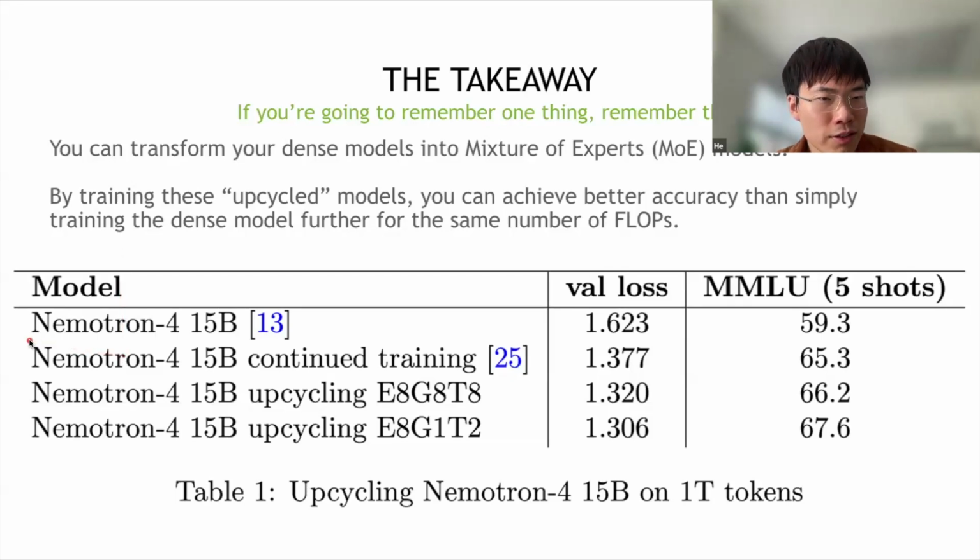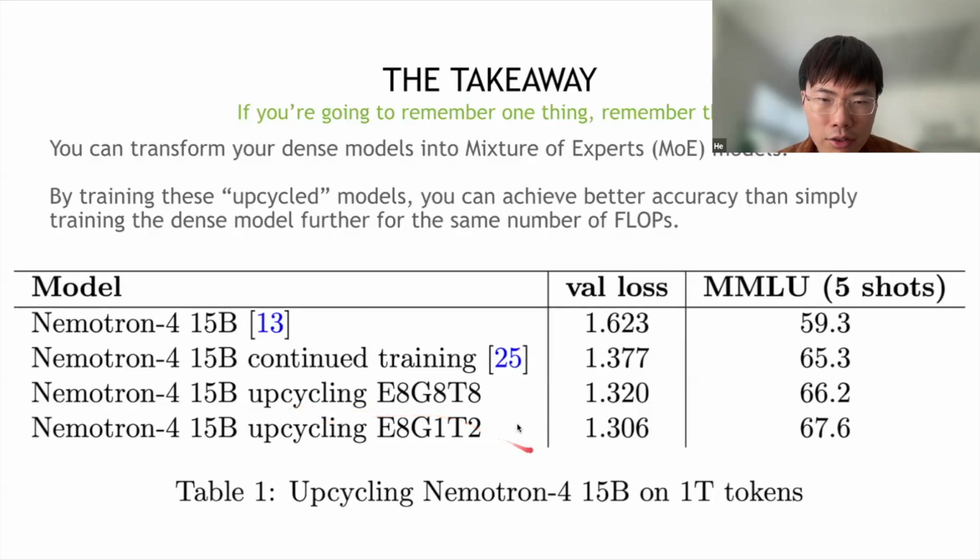Here is a simple table that shows the results first. Nemotron 415B is our base model, and the continuous training version just keeps training the dense model on some new data. We have 1 trillion new tokens. Instead of continuous training, you can do upcycling.